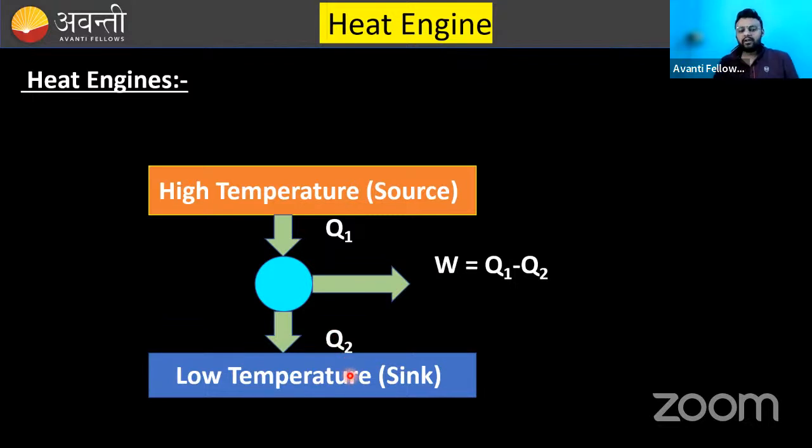In real life, like your bike engine, the heat is generated inside the engine by the combustion of the fuel. The combustion of the fuel is required because of the high temperature source. For any kind of engine performing work, you need a high temperature source, and that is achieved by the combustion of fuel inside the engine.